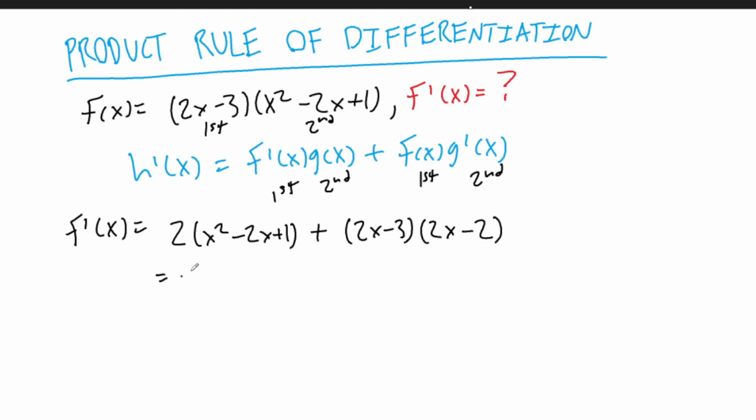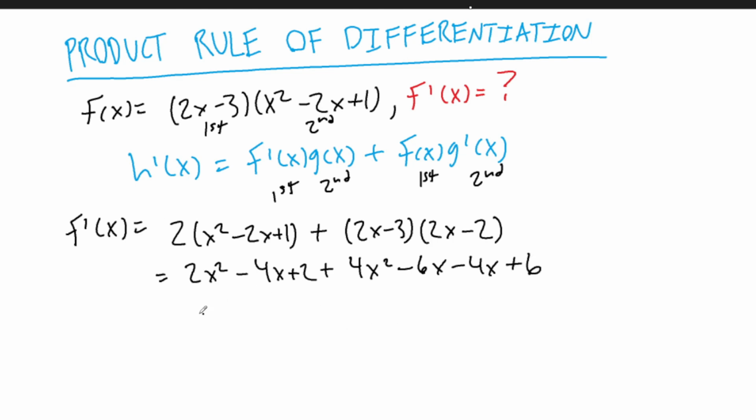So this becomes 2x squared minus 4x plus 2 plus, multiply the 2x times the 2x, and we get 4x squared, and then minus 6x, and minus 4x, and then multiply the negative 3 and the negative 2, and we get positive 6.